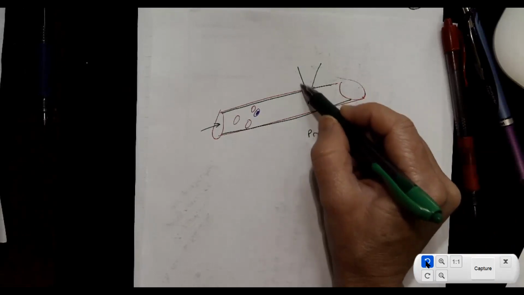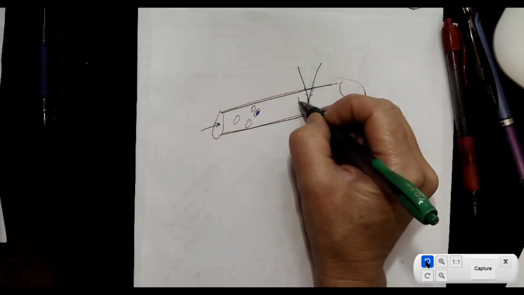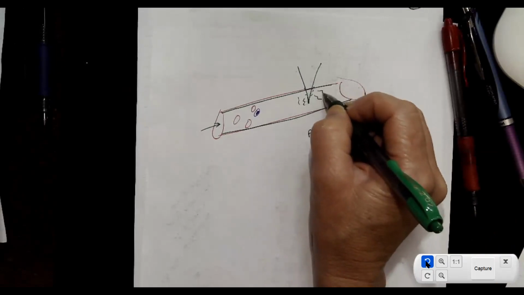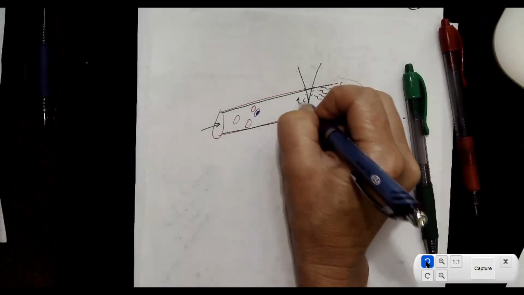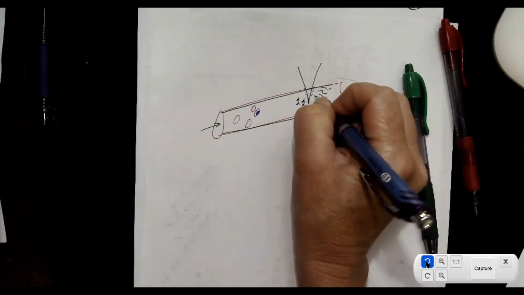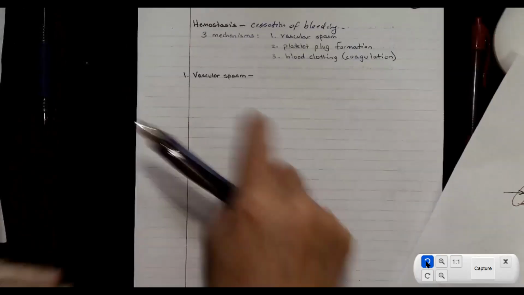But as soon as the injury happens, then collagen fibers are exposed. Collagen, you should remember that from connective tissue. And what happens, platelets stick to it. So back here, let's first look at this.